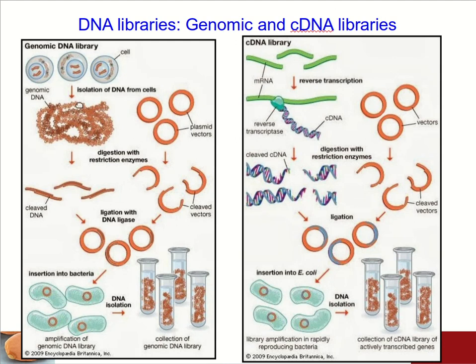Construction of a genomic library starts with the fragmentation of genomic DNA from a particular source. This fragmentation can be mechanical, or it can be a partial digestion with restriction enzymes or a mixture of enzymes.